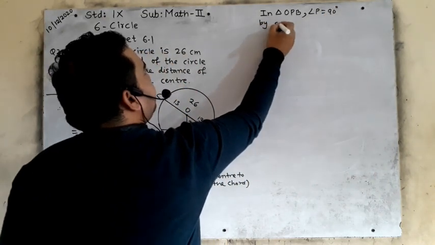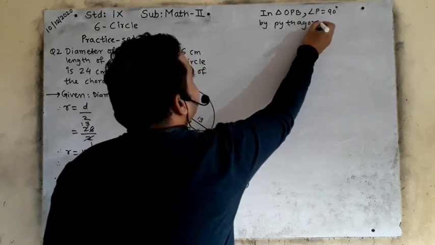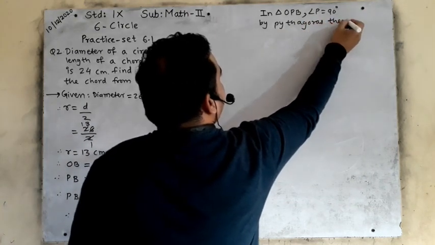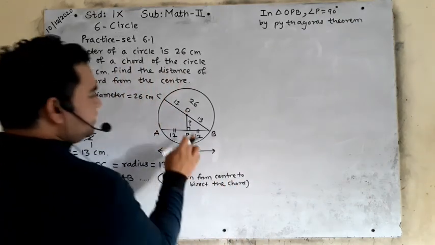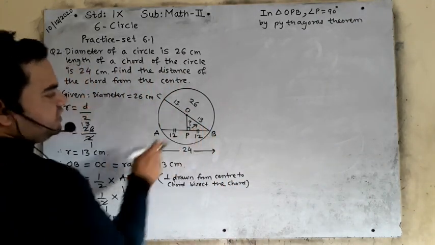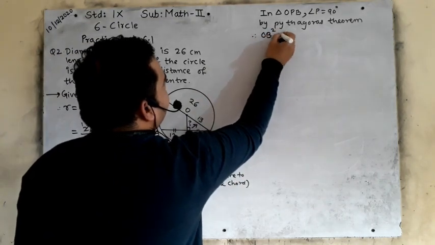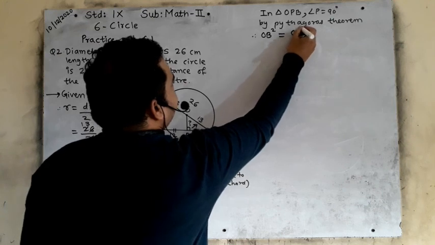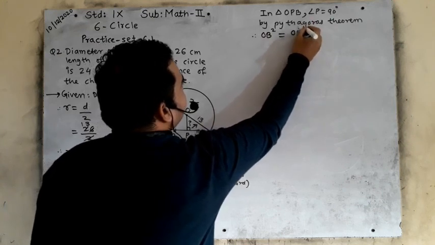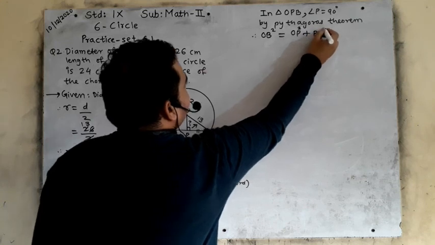So by the Pythagoras theorem only, what is the Pythagoras theorem here? OB is the hypotenuse. Why? Because it is the side opposite the right angle in the right angle triangle. So we will write OB square is equal to OP square plus PB square.